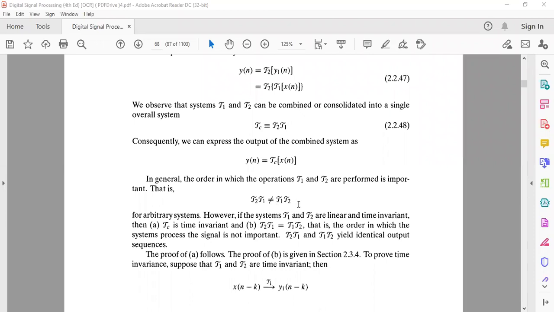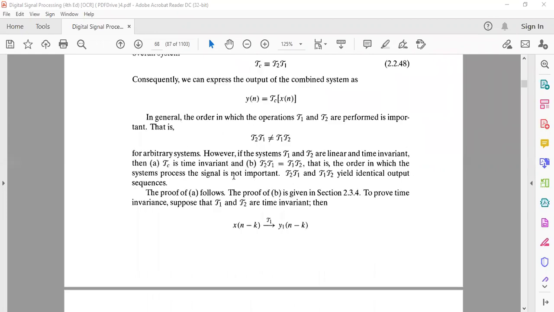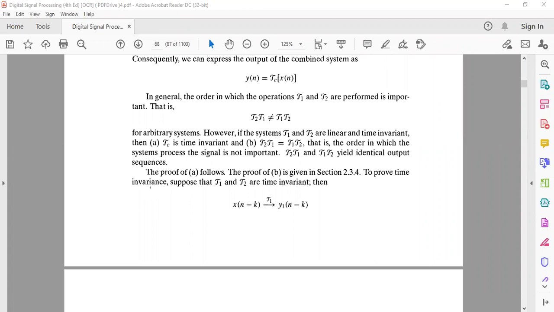But if the systems T1 and T2 are linear and time invariant, then Tc is a time invariant system, and T2 T1 is equal to T1 T2. The order in which the system processes the signal is not important, since T2 T1 and T1 T2 yield identical output sequences.